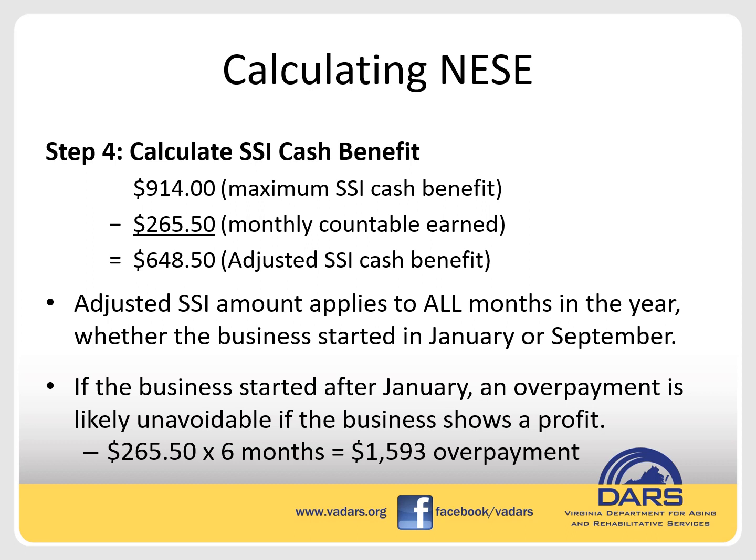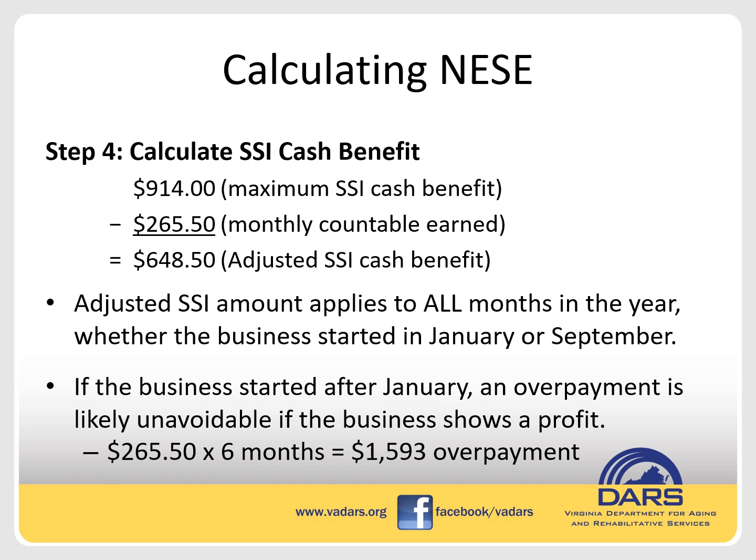So it doesn't matter if the business started at the beginning of the year in January or in June or in September. Social Security is going to look at it as a person had income for every month of the year, because they always divide by 12 regardless of whether or not the client had any profits from their earnings at that point. Okay, so let me give you an example of how that works.